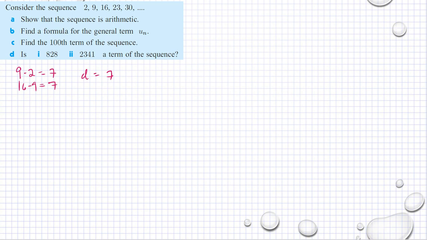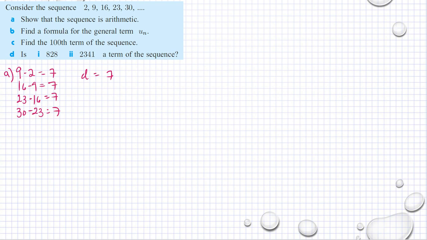Show that the sequence is arithmetic. I already showed you. If we can find a fixed number, I will try some more. 23 minus 16, that is also 7. And then 30 minus 23, that is also 7. So we have a constant difference.